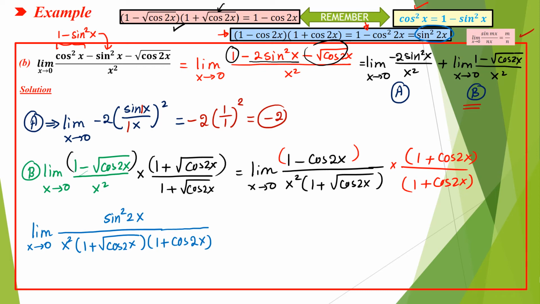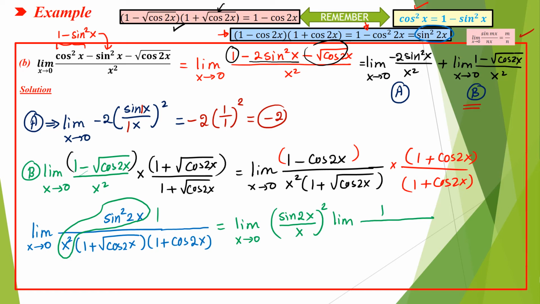The next step is to separate the limit. So you have to take these terms from numerator and denominator, and you will get the limit of sine 2x divided by x, all squared, when x goes to 0, multiplied by the limit of the remaining functions, 1 over 1 plus square root of cosine 2x multiplied by 1 plus cosine 2x when x goes to 0.